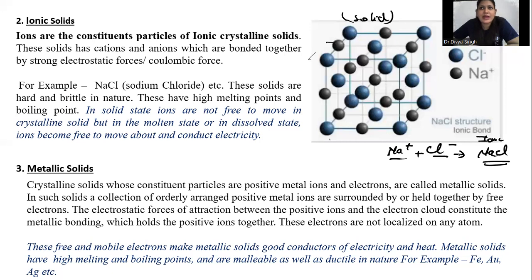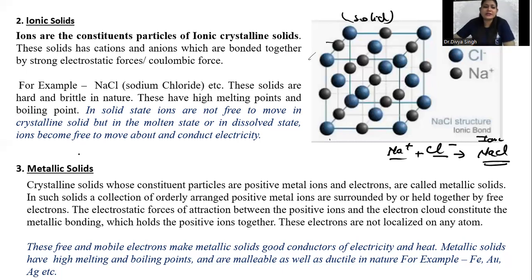Due to that, the ions start moving in the medium, and since they move, they conduct electricity. So ionic solids in the solid state do not conduct electricity, but in the molten state or dissolved state, they do conduct electricity. And obviously there is a high melting point and boiling point for ionic solids because they are held together by strong electrostatic force of attraction, resulting in an ionic bond.